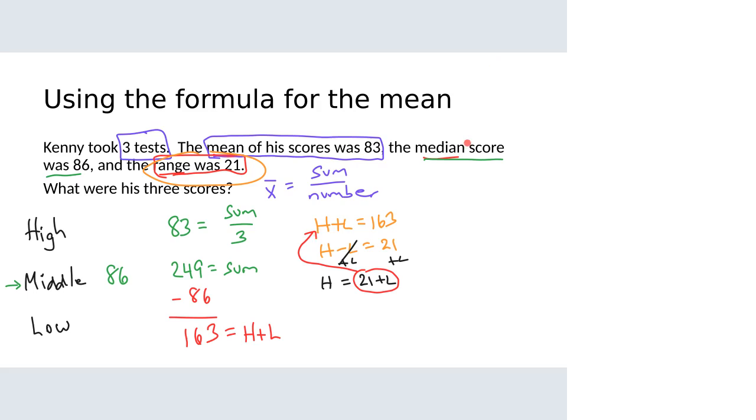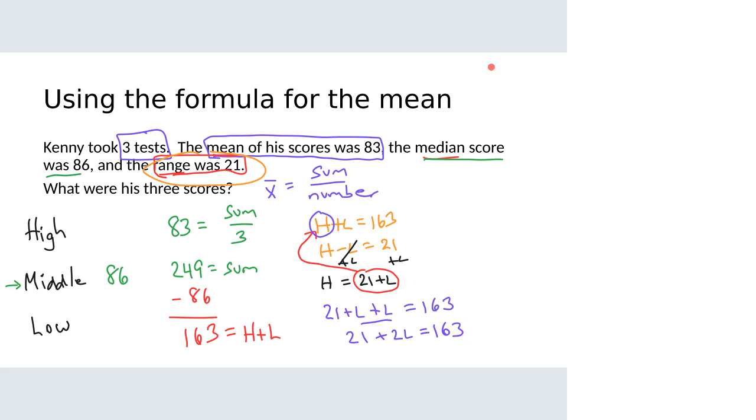What that gives me then is a new equation that instead of H, I'm going to write 21 plus L is 163. And now I have an equation that I can solve for L. Because now I can add these two together, and I have 21 plus 2L is 163.